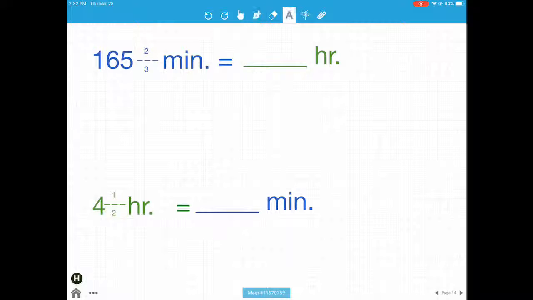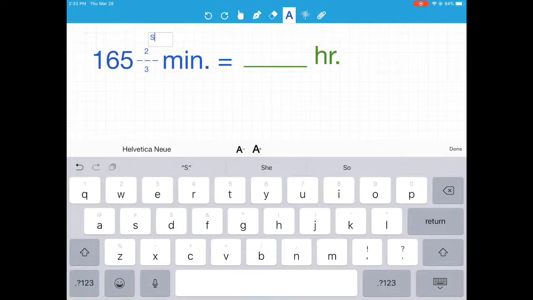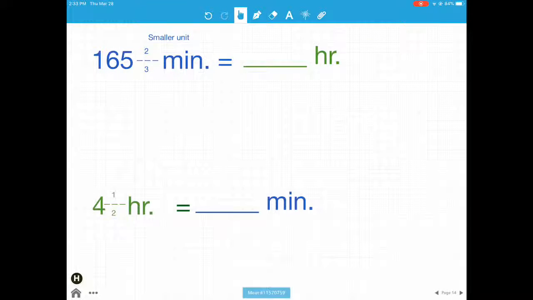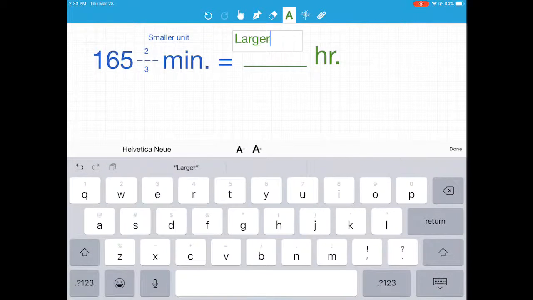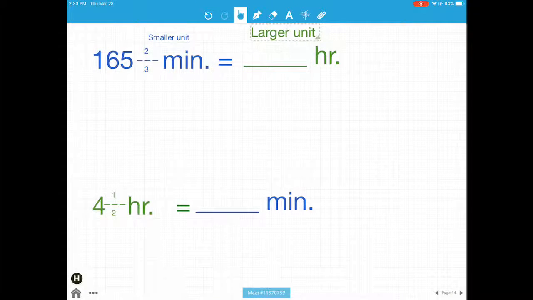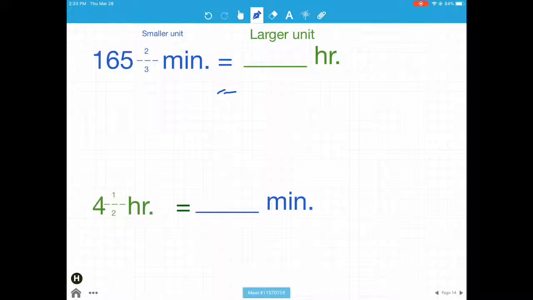I might as well type it. Smaller unit to larger unit. Okay. So we're going to start it off the same way.